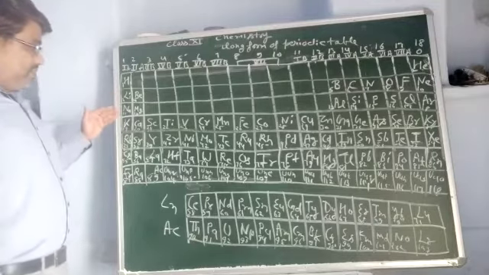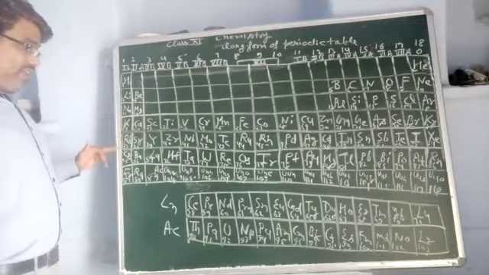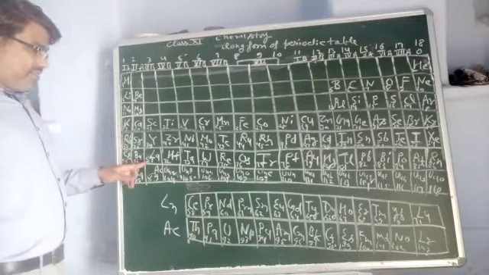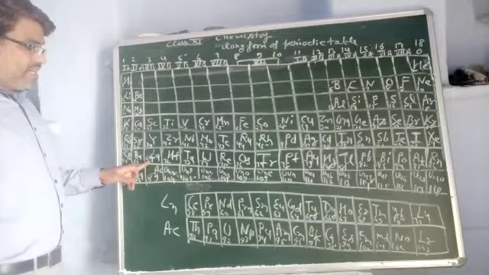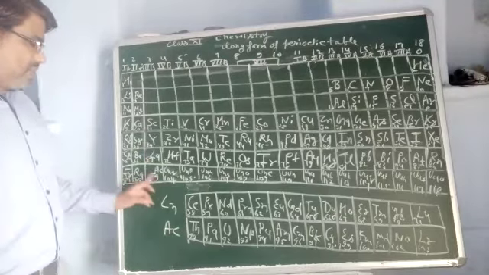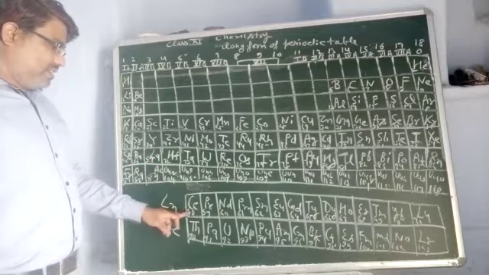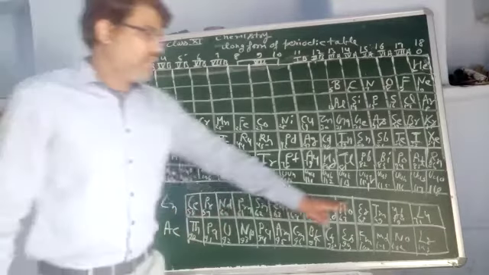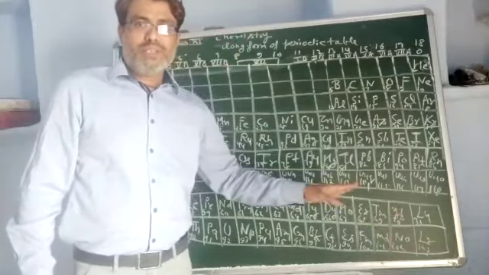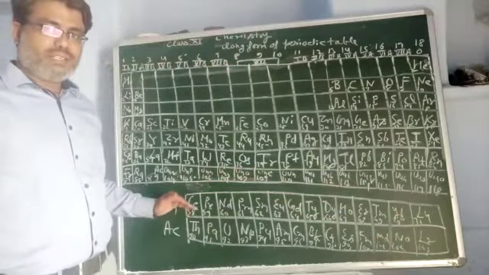Now next, the 6th period. In the 6th period, after lanthanum 57, we have separated some elements and they are kept below. After lanthanum, you see cerium 58 to 71 lutetium. They are called F block elements and also lanthanides.